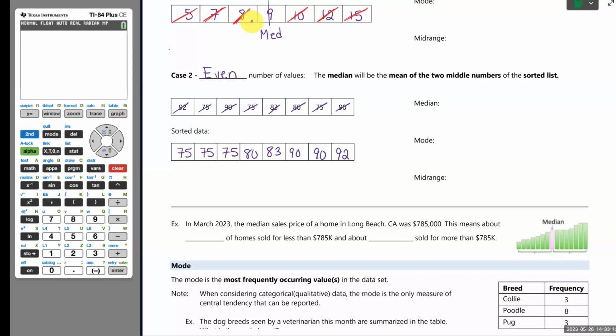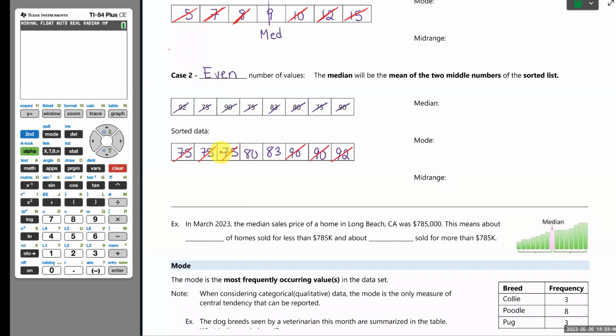When we have an even number of data values and we go to the center of that list, I'll do my technique of crossing off the ends. Let me do that again to get me to the middle. If I cross off the extremes, high and low, do it again, and again, this time when I get to the middle, I'll have 2 numbers in the middle of the list.